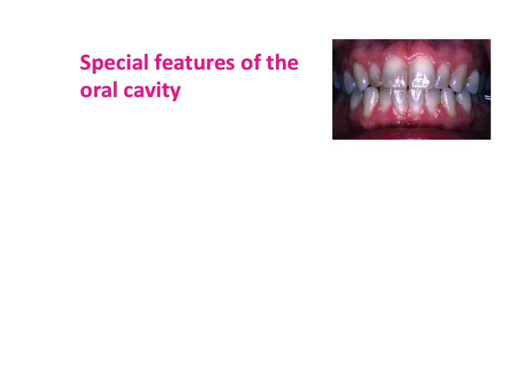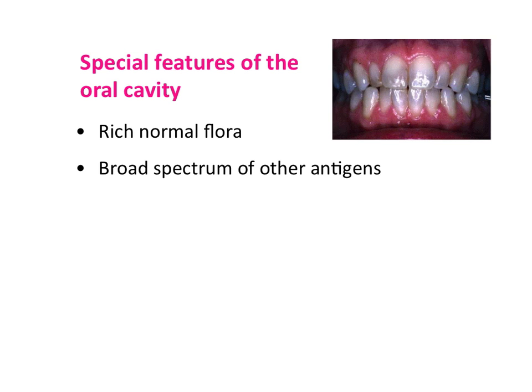So the oral cavity is quite different from many other places in the human body. There are some special features, and one of them obviously is rich normal flora. In addition to the bacterial antigens, there is a broad spectrum of other antigens, all the food and other things we put into our mouths. There is a spectrum of immune responses.